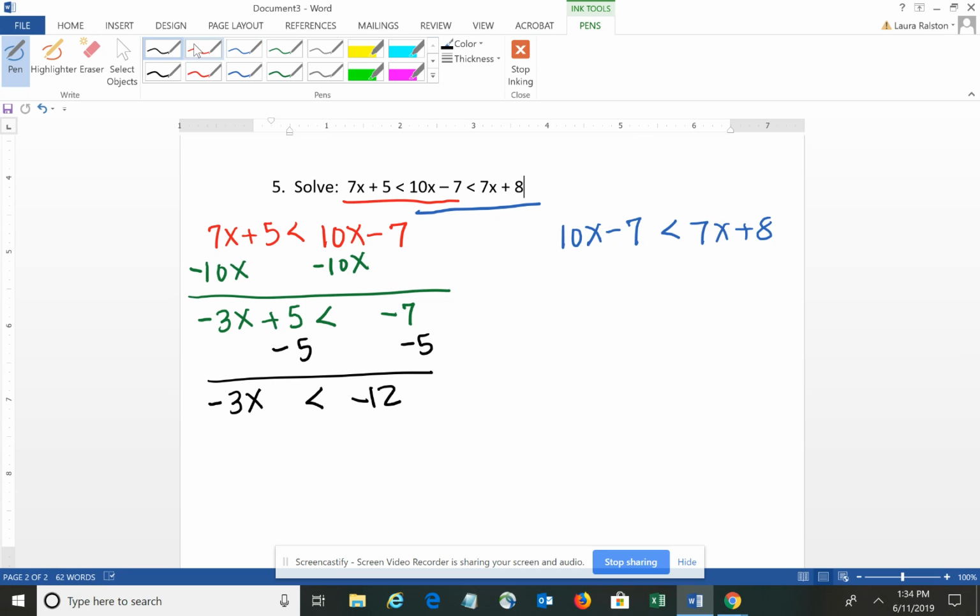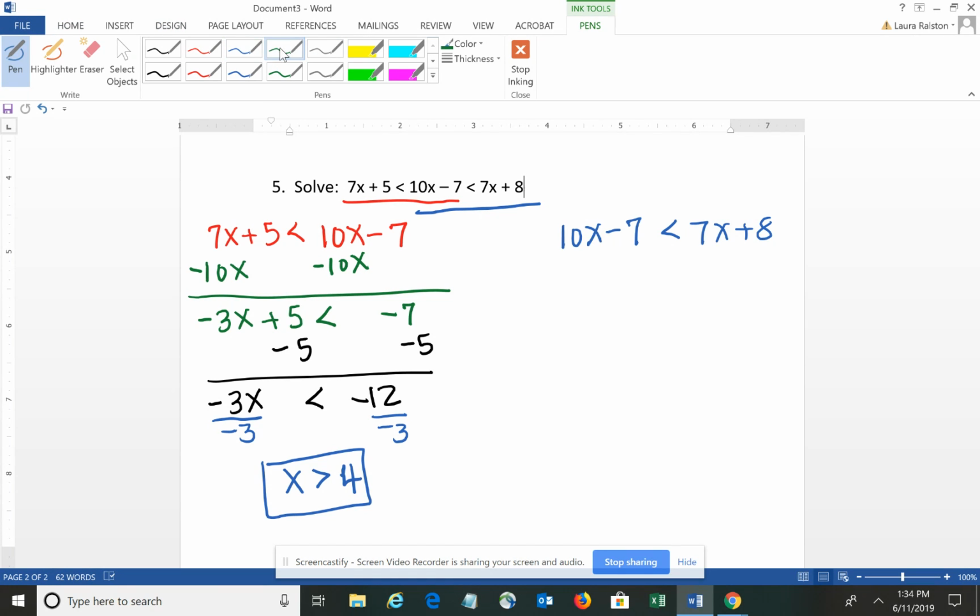And then I'm going to divide both sides by -3. And again, because I'm dividing by a negative, I have to invert my inequality. So it becomes x is greater than 4. All right, then I'm going to do the other side.